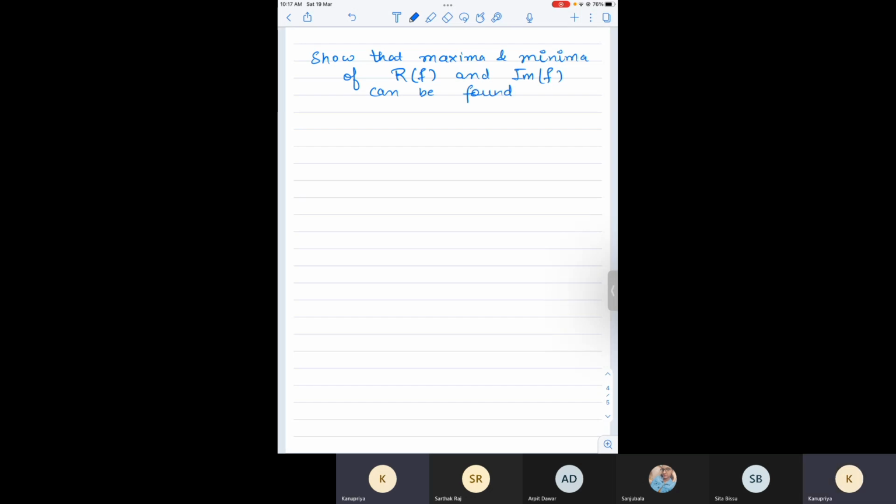Any ideas, class? Ma'am, yes, Sita. I'm letting g of z equal to e to the power f(z), then we will use the maximum principle. Yes, right, you're right.